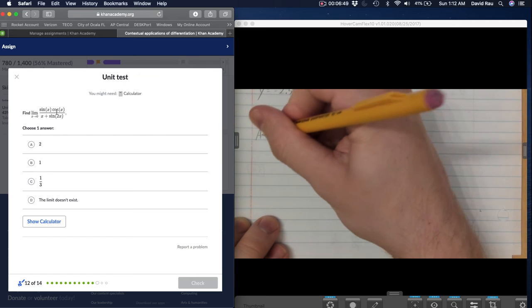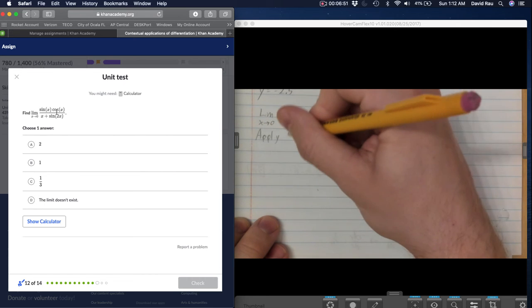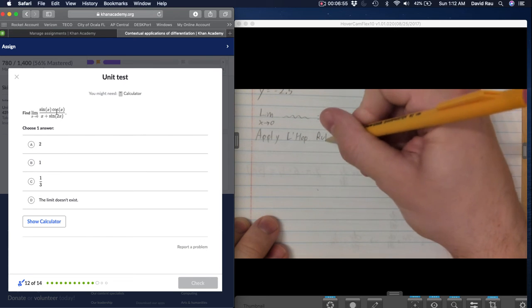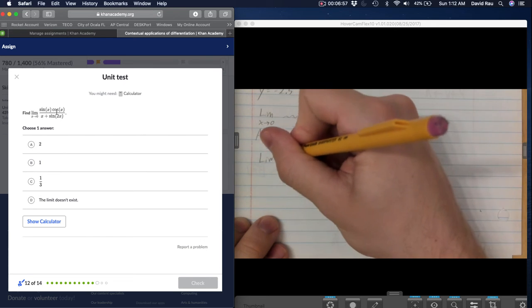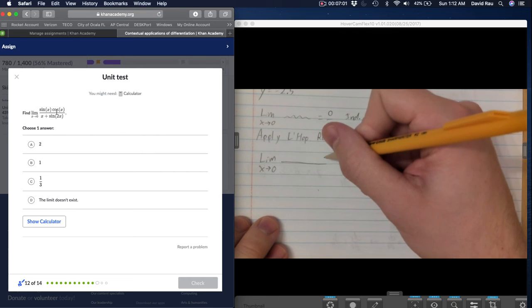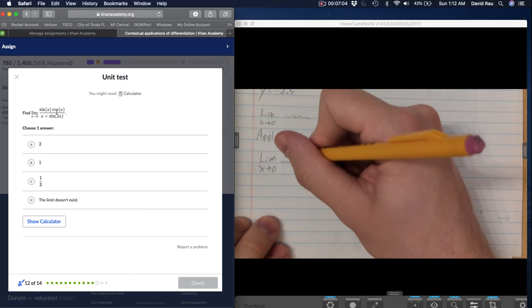And now we can apply L'Hopital's rule. That means we can now take the limit as x approaches 0 of the numerator derived, which is a product rule, so give me a second.